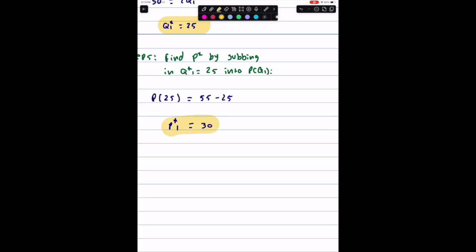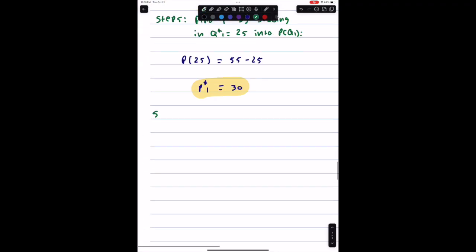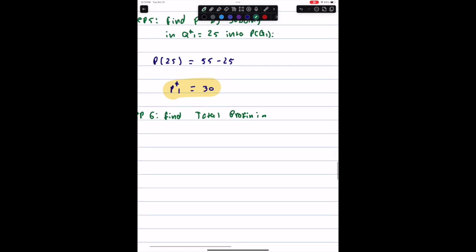Finally, let me just fix this. Step 6, find total profit in the first market, because we know this is just Q1 in market one.